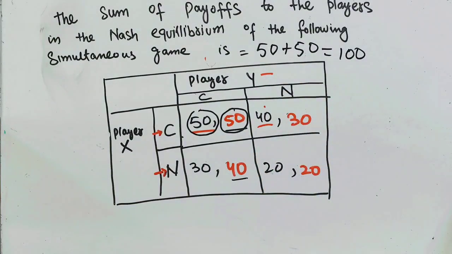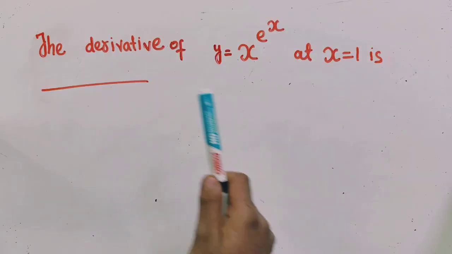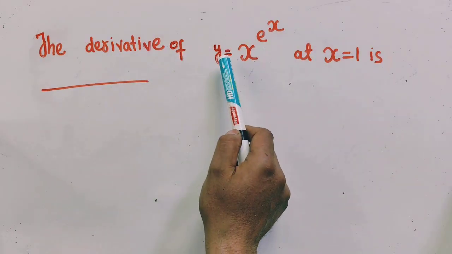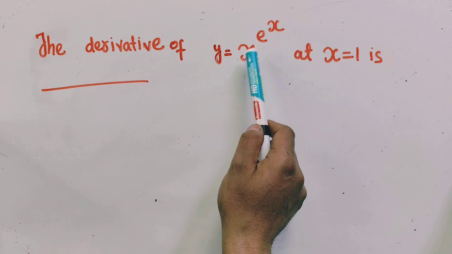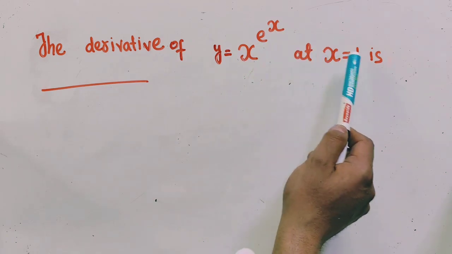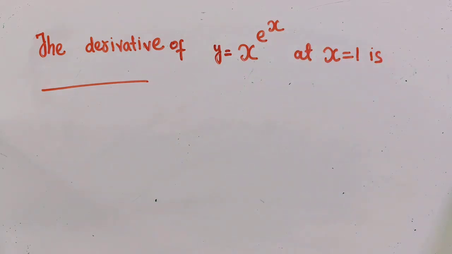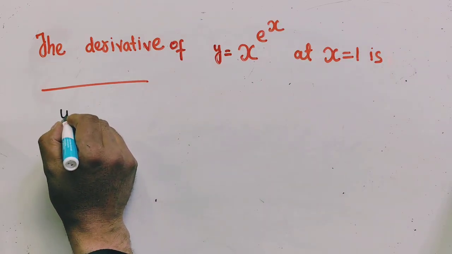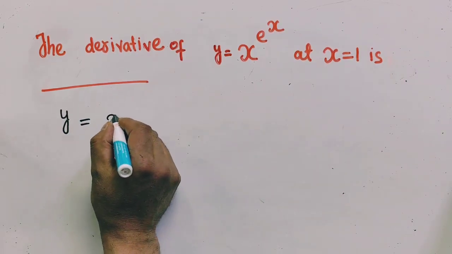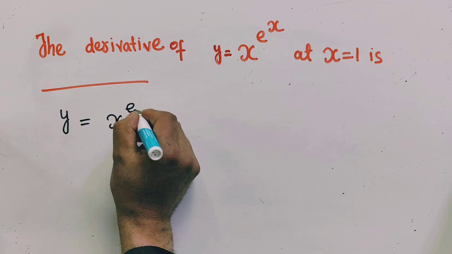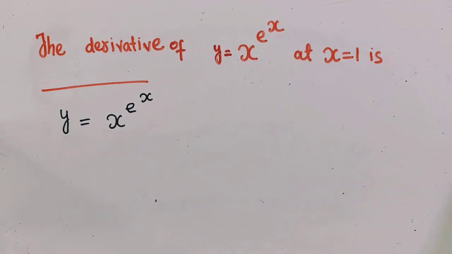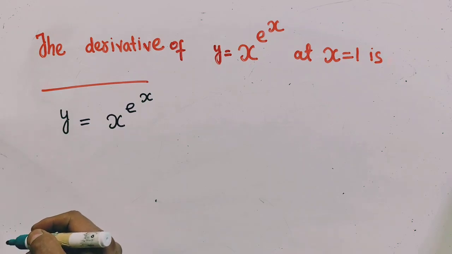Next question is, the derivative of y is equal to x raised power e raised power x at x is, we need to find out the derivative. So we have y is equal to x raised power e raised power x. Okay, let us first take the log on both sides.